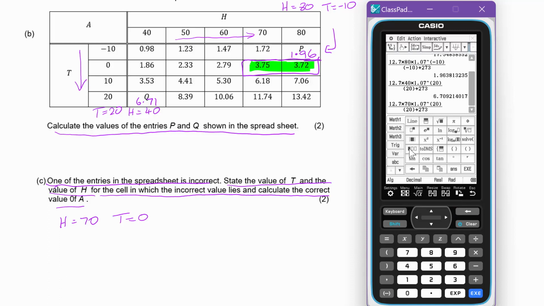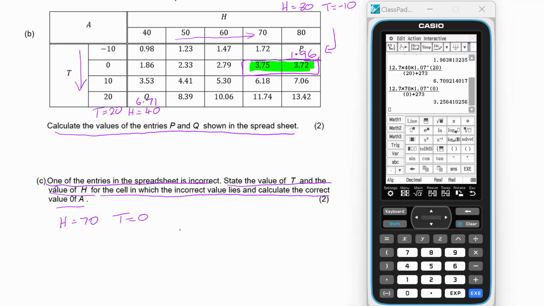We'll just change that there. T is 0. So all I need to do is remove the 2 from there and the 2 from there. And that's 3.26. So the value of A is 3.26, not 3.75.